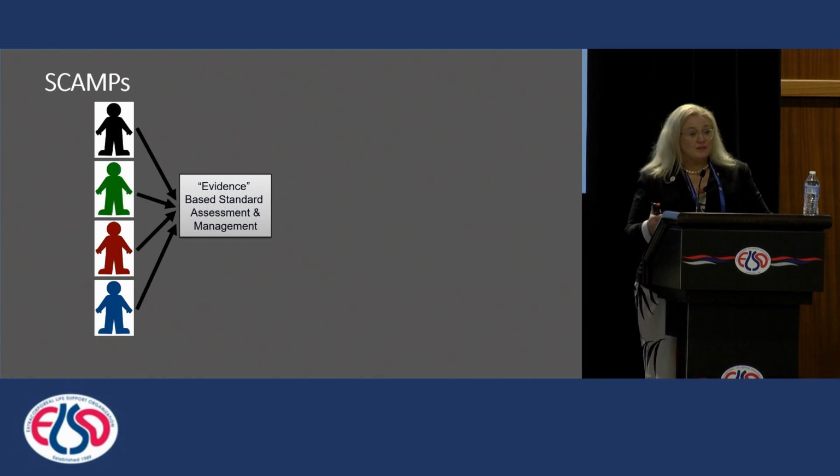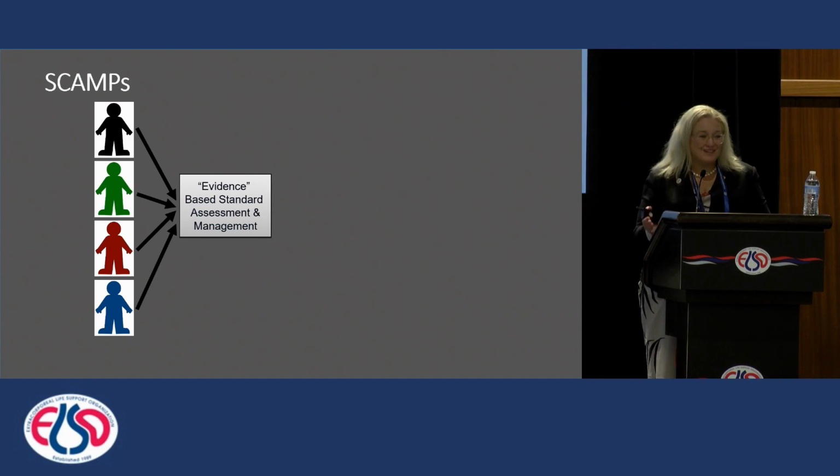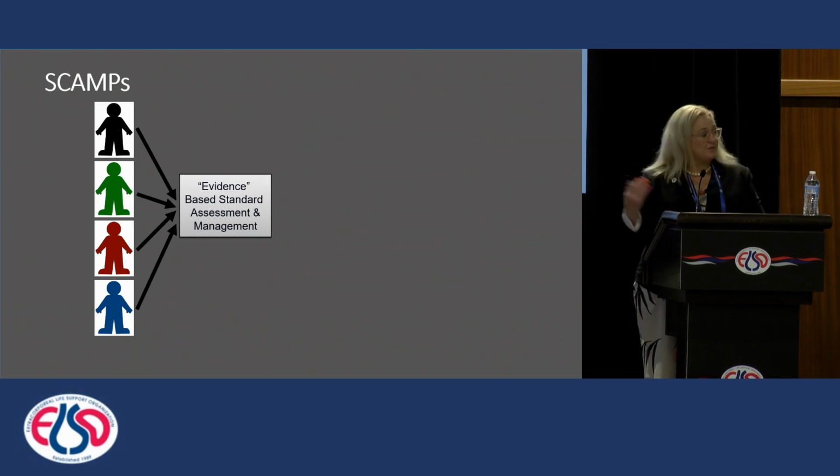And we use evidence-based if available, but the practical reality of our workspace is that there's not that much evidence to really inform our decisions at the bedside. So often we've got a sound management plan, which was the one that I just showed you. That's what we're using at the moment.